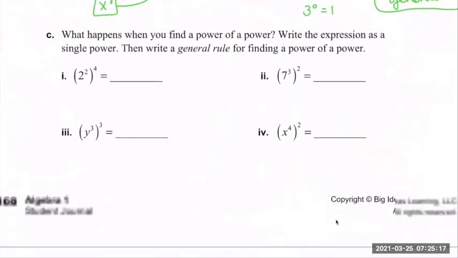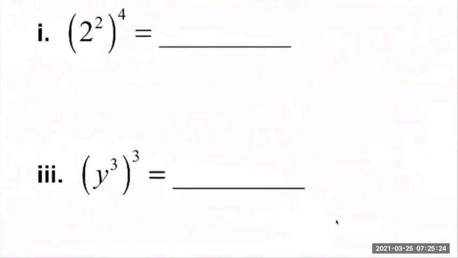Okay, now we're moving on to what happens when you find the power of a power. So this is when you have a number that has an exponent and you're taking it to another exponent. It can get kind of tricky, but once you learn the general rule, this becomes so easy. Because this 4 right here tells me I have 4 of those 2 squareds.